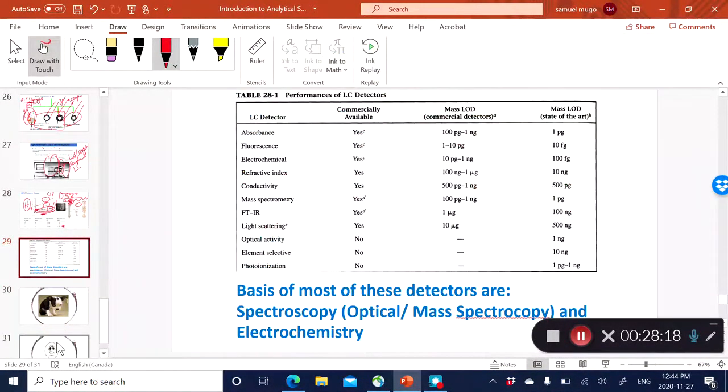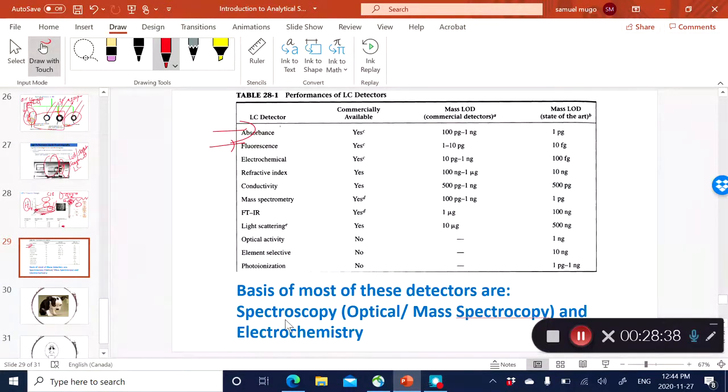And so lastly, there are many different types of detectors out there that are used with the HPLC. A whole long list here. I won't talk a lot about it, but you're going to be able to at least list them. And you're going to see the basis of these detectors is spectroscopy.